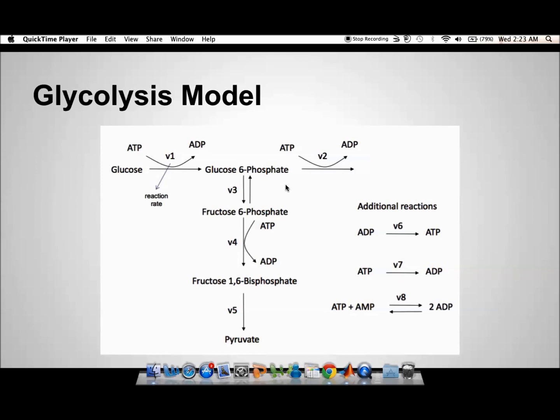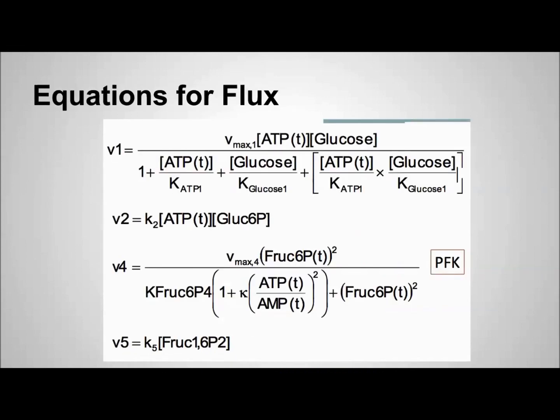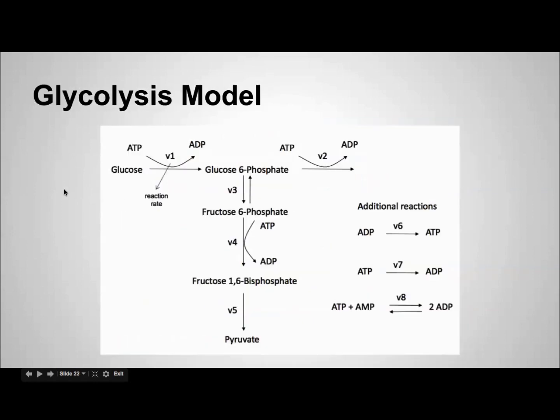So we're going to take a more in-depth look at the equations that govern these fluxes. The first flux equation is for V1, which as we saw was using ATP to convert glucose into glucose 6-phosphate and ADP.